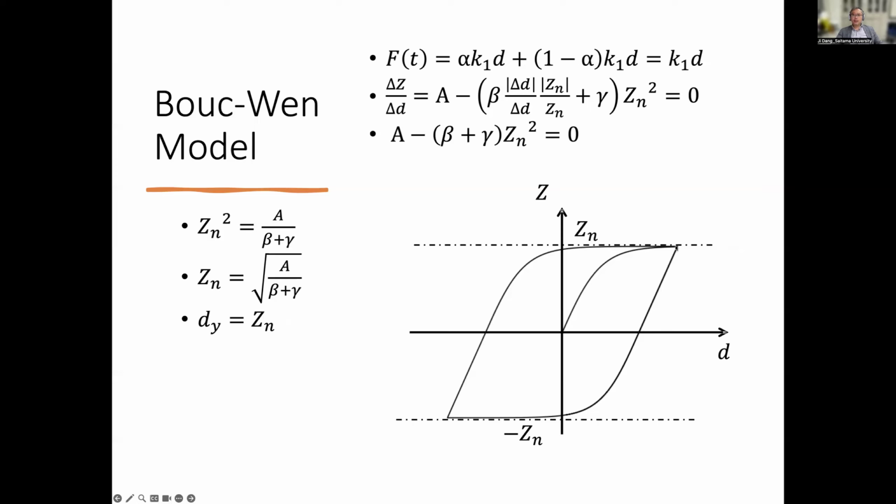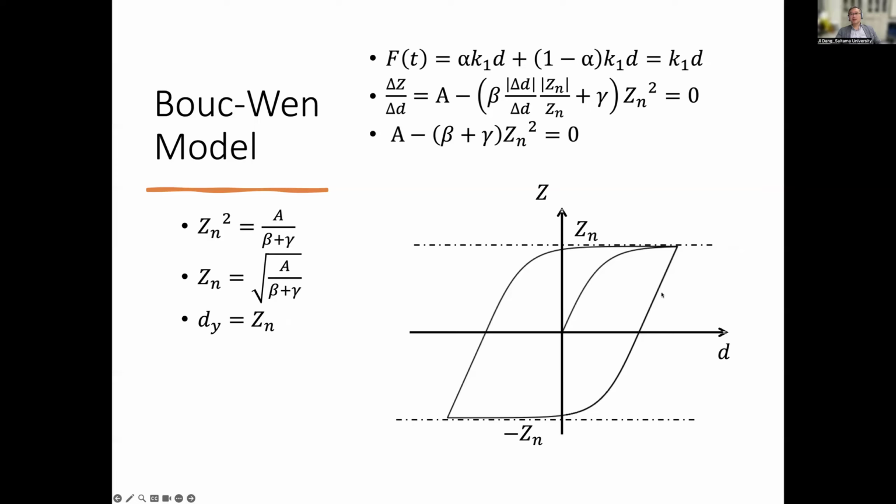So when unloading happens, Z is still positive, but delta D becomes negative. So it's beta minus gamma. If beta equals gamma, then beta minus gamma becomes 0. So this part becomes 0, and they always unload using A, which is 1.